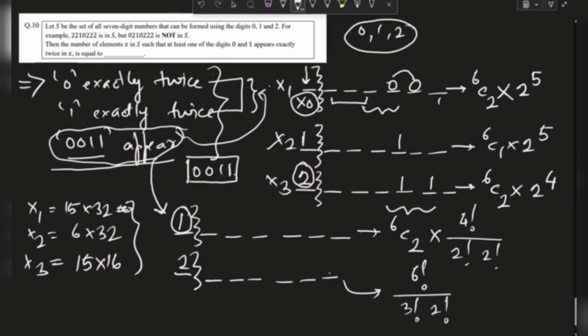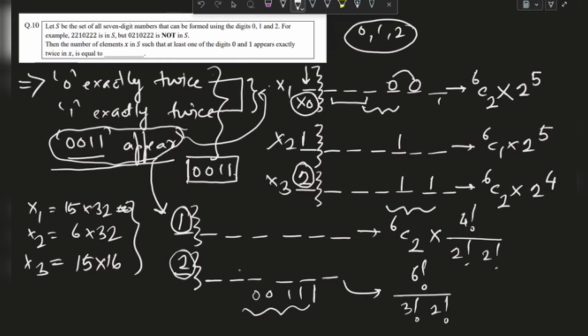I will explain why. Because here 2 is already fixed here. So 0, 0, 1, 1 will be arranged within these places. Now there is another one also. So basically 6 factorial is the total number. Now 3 ones, so 3 factorial, and zeros, so 2 factorial.